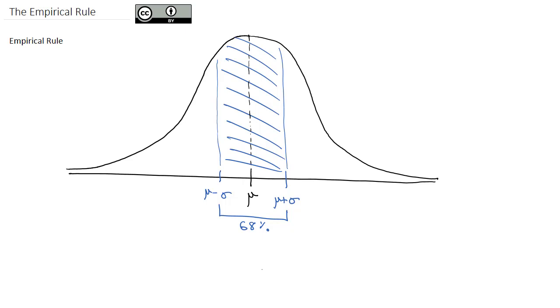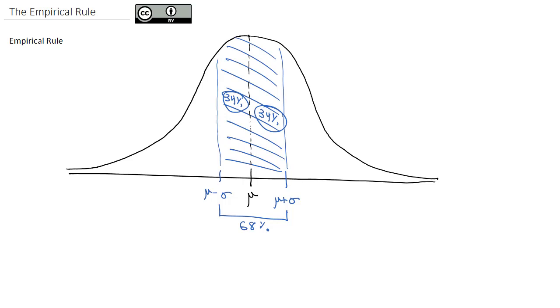If we split this in half on either side, there's 34% of the values on the left and 34% of the values on the right that are 1 standard deviation above or 1 standard deviation below the mean.